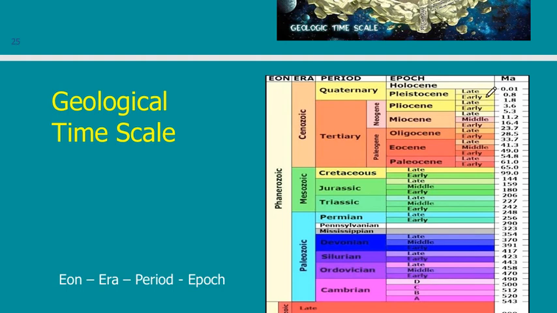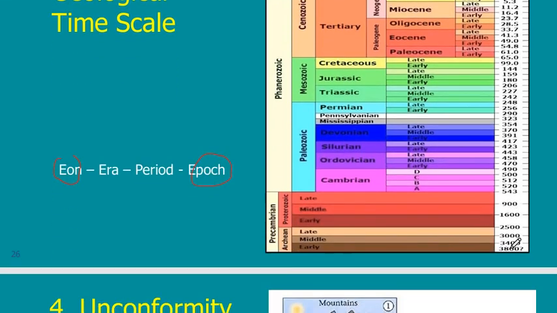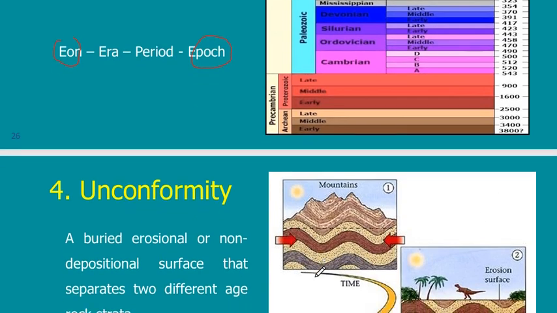You don't have to memorize it, but you have to know that there is something called Aeon, era, period, epoch. All of these are time scales. This is the biggest one, and this is the smallest one, just a subdivision of it. How many million years? Lots of millions of years.